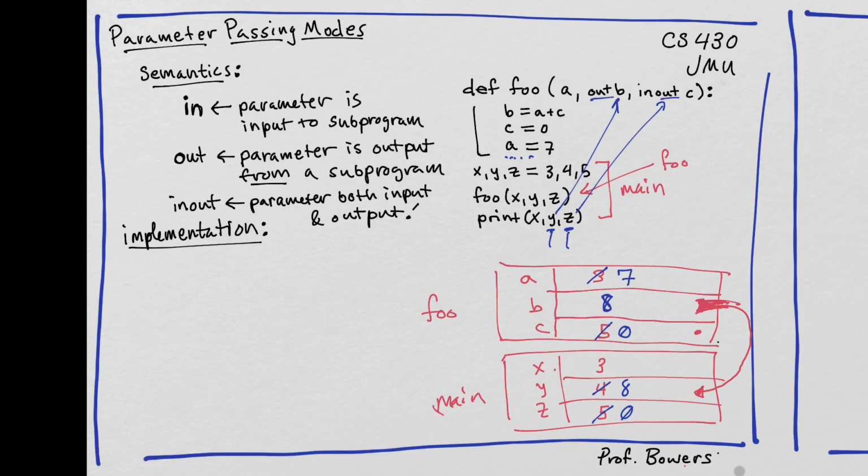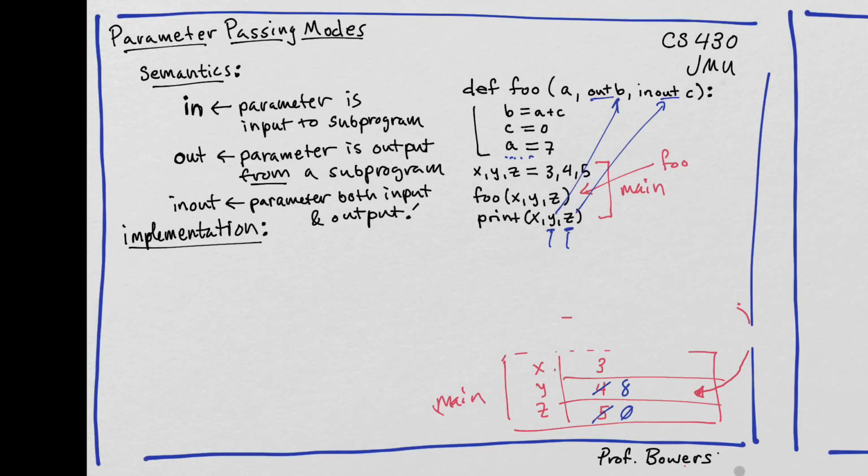And so then foo is now going to be popped because I'm done running it. And the output of my print statement here is going to be 3, 8, 0, printing out the current values of x, y, and z.